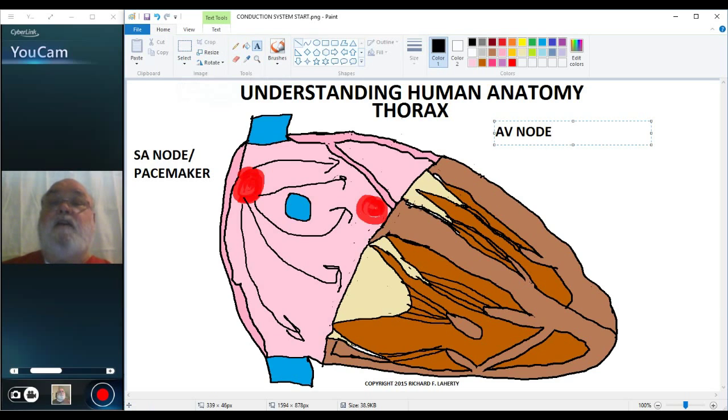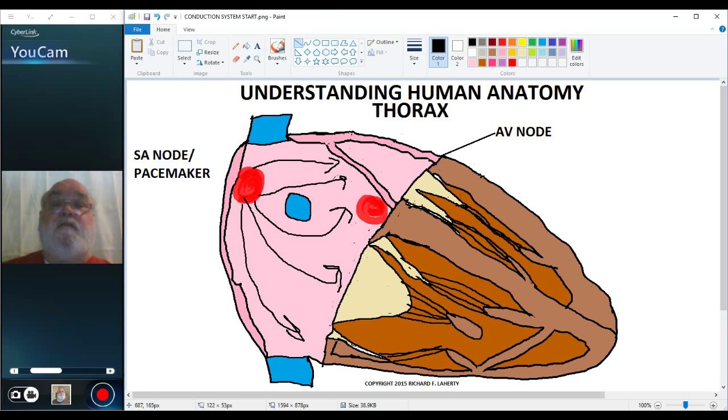And let me draw a line over to it. And just so there's no mistake, I'll draw a line over here to the SA node as well. Now, the AV node then is the point of transmission of the signal to beat from the atria down to the ventricles.